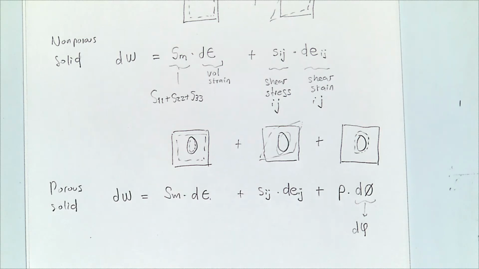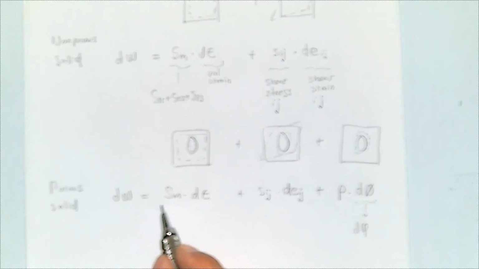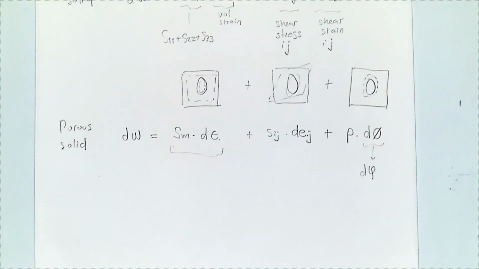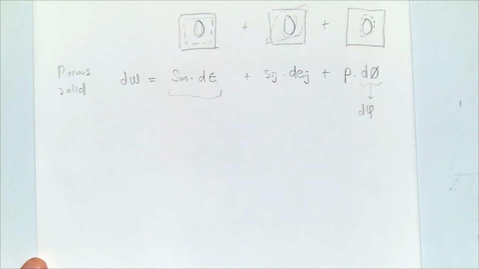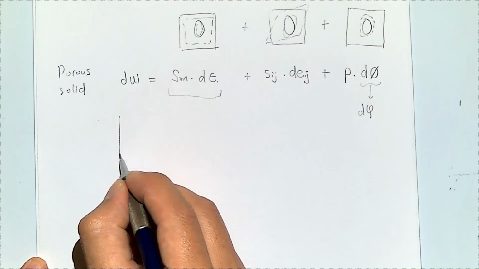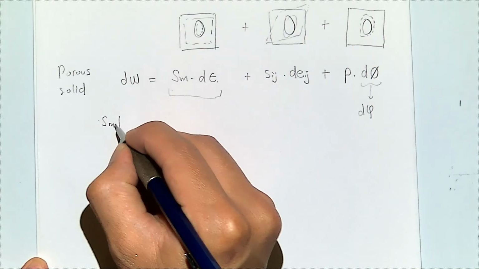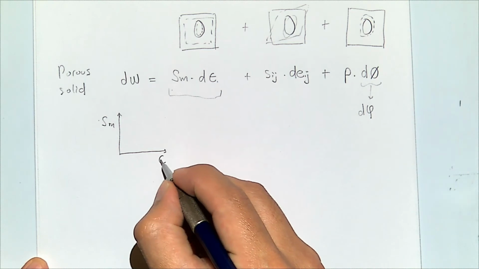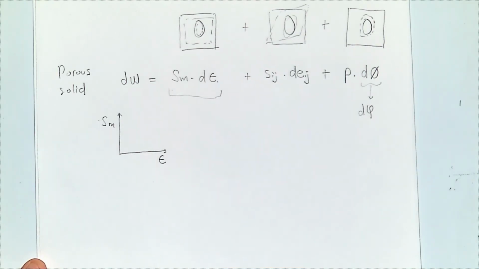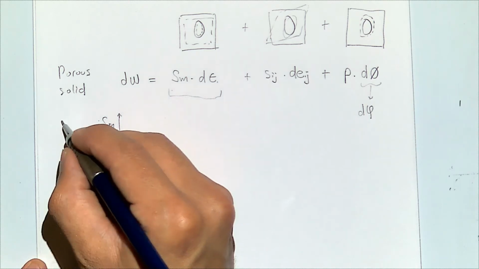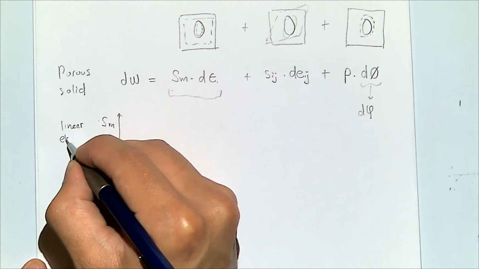Okay, I'm not going to derive these equations entirely because that might take a long time, but I want to show where it comes from with one example. We're going to attack the simpler one, which is this one. Let's say that I have mean stress here, and I have volumetric strain here. And I have a linear elastic material.